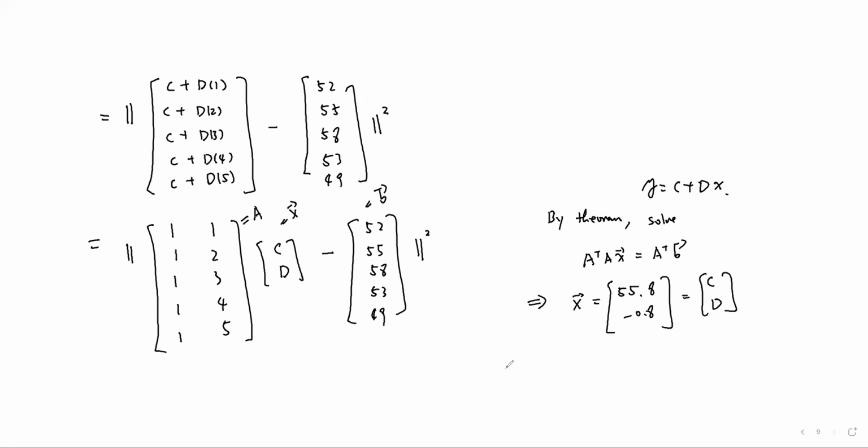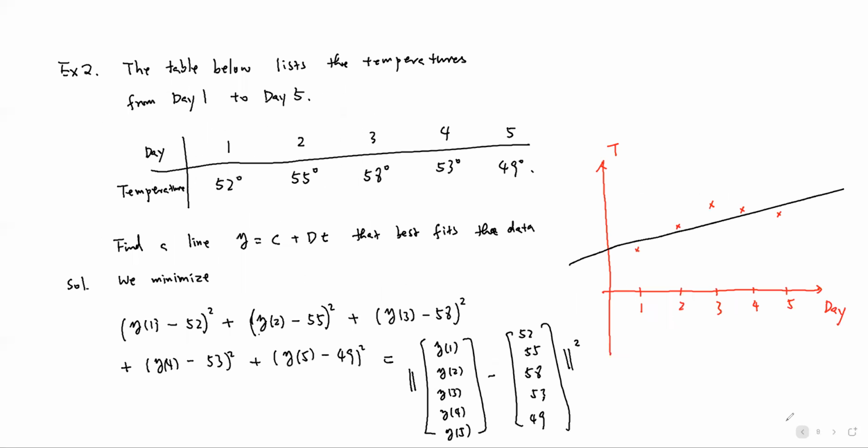The line that is closest to the given data is this line: C plus D times T, where T means day.